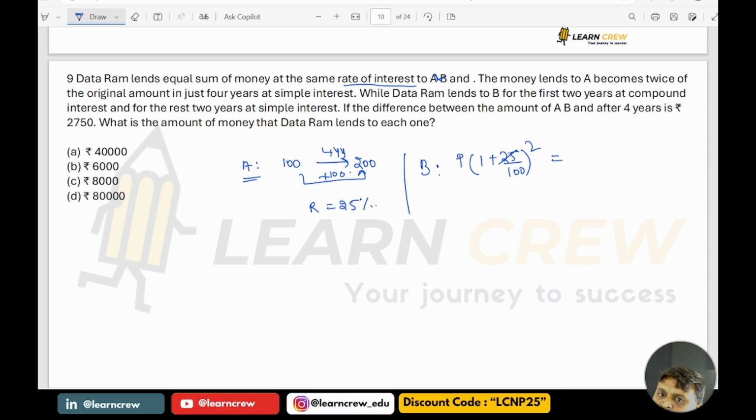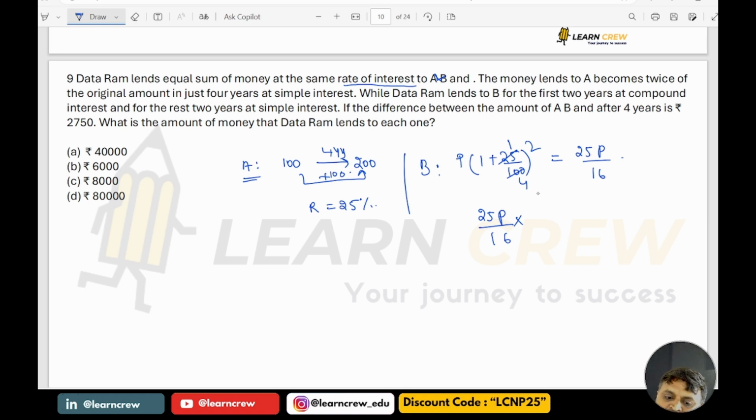So it is 25 ones are 25, 4s are 16, which is 25P by 16. It is in the first 2 years. Next, this 25P by 16 is again invested for the next 2 years at simple interest.